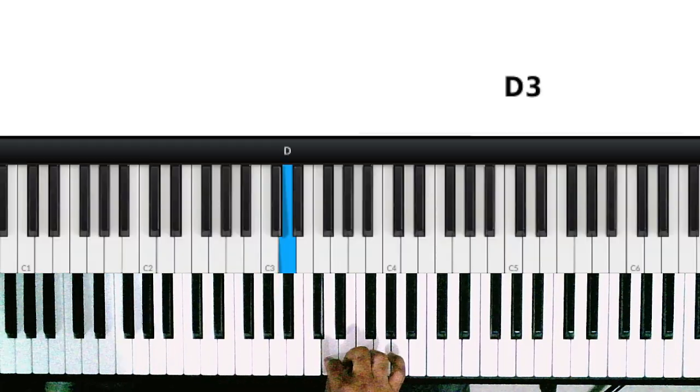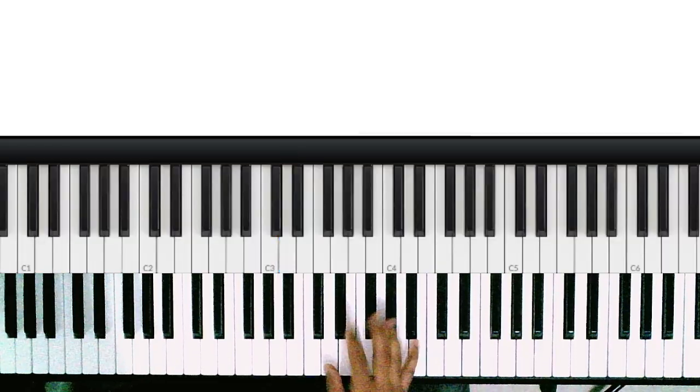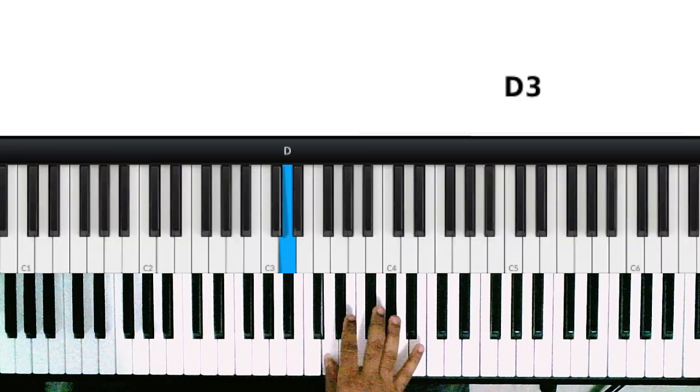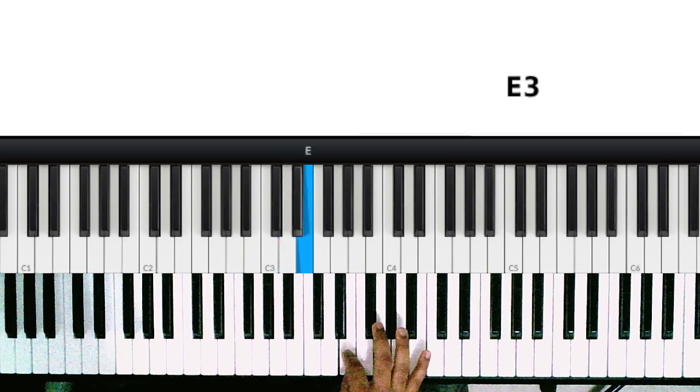So let's try D. This is our D. Let's follow the same pattern. I'll press, you guess. Let's try together. This is our 1. So our 2 will be what? E. Our 3 will be what?